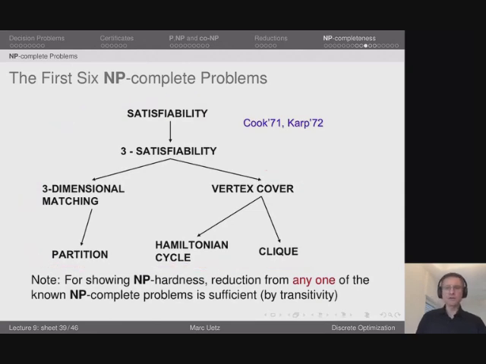And it includes well-known friends such as here the clique problem or the Hamiltonian cycle problem, for instance. And giving a polynomial time reduction of any one of these NP complete problems to my favorite problem also suffices to show NP hardness. So what is this mysterious satisfiability problem?